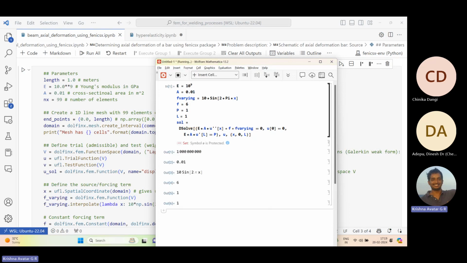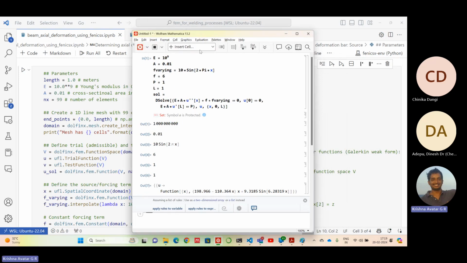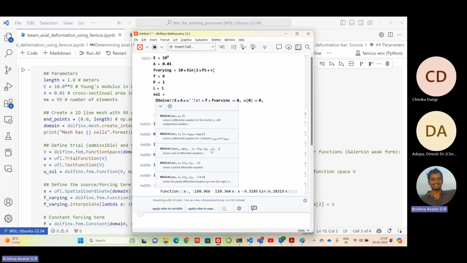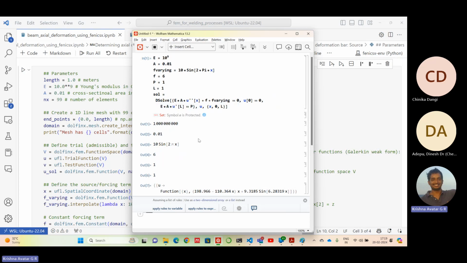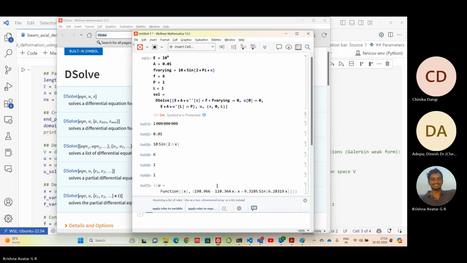So let's see what it solves. Damn, giving too many outputs. We always need to go through the documentation again. What's the issue here? Okay, so it's essentially giving us the solution, right? Yeah, it's giving us the solution. This is the solution.